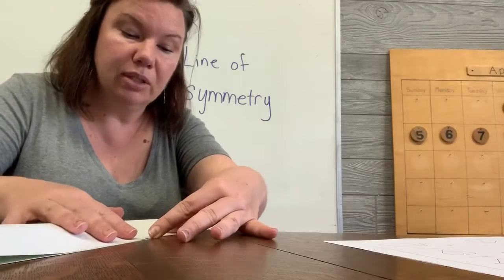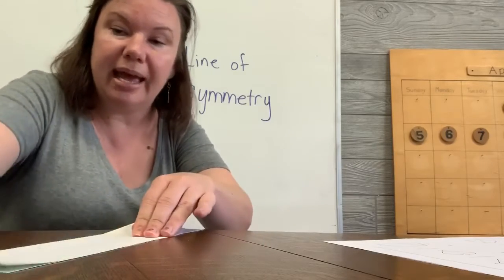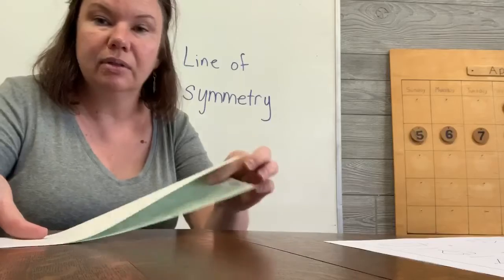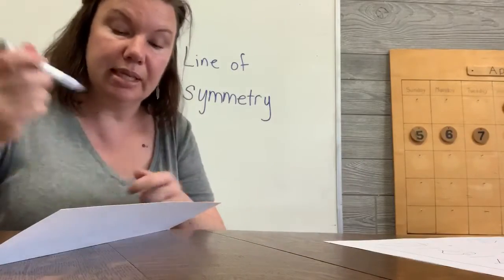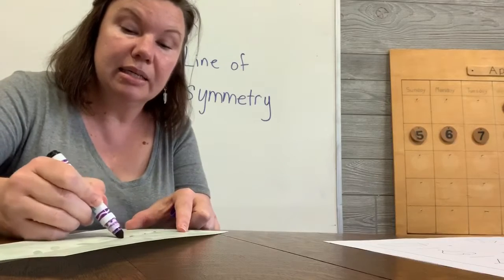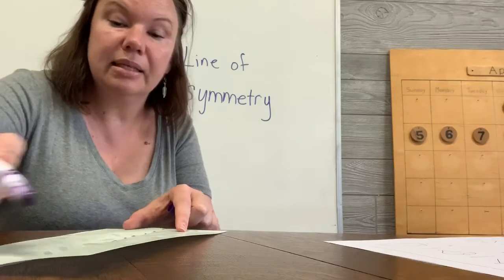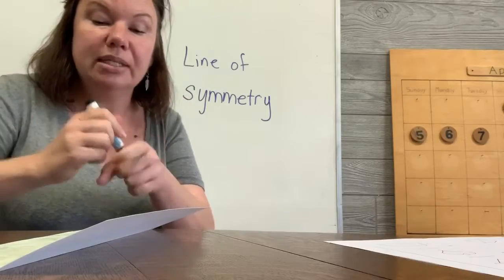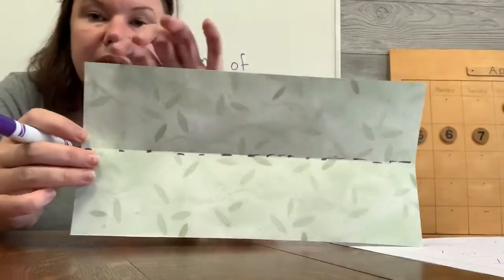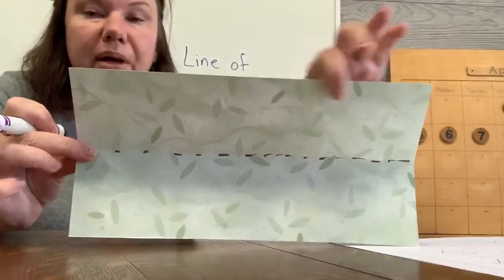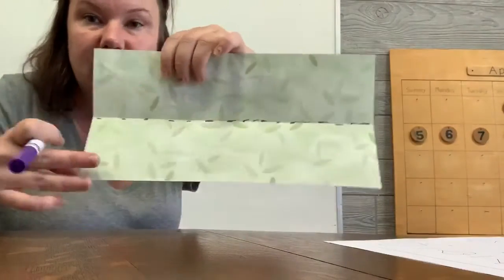If we were to fold this shape in half, and I'll draw it with a marker just so you can see, this is the line of symmetry. You can see how this shape is the same both above the line and below the line.